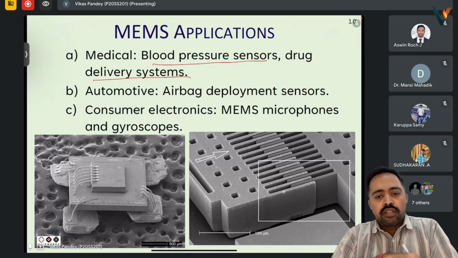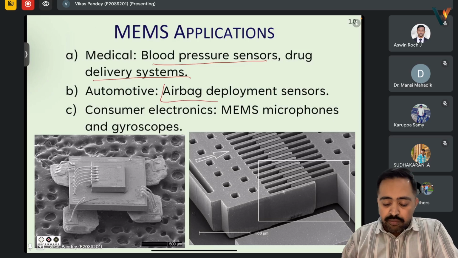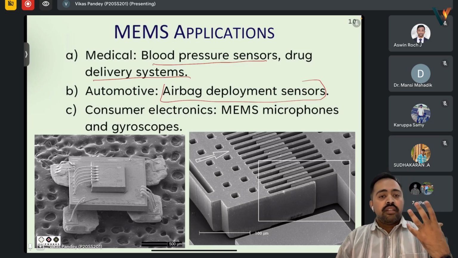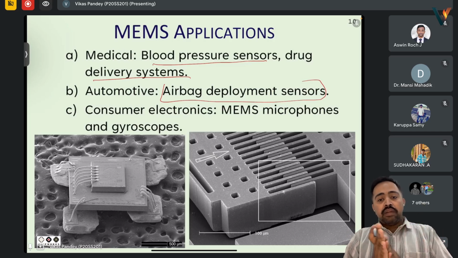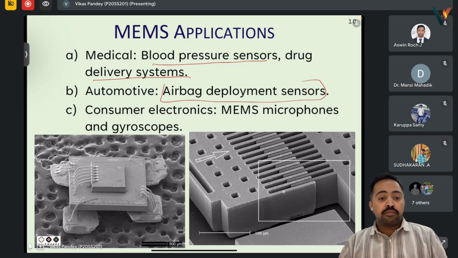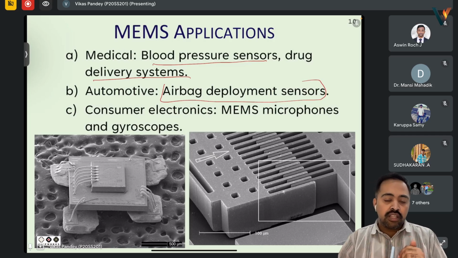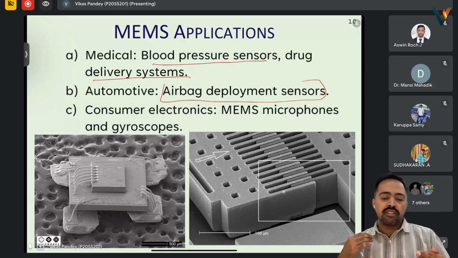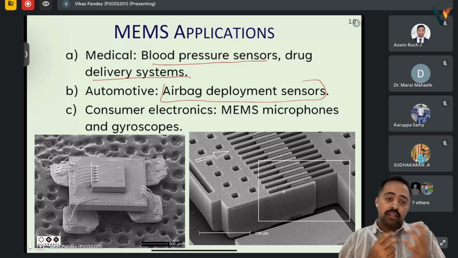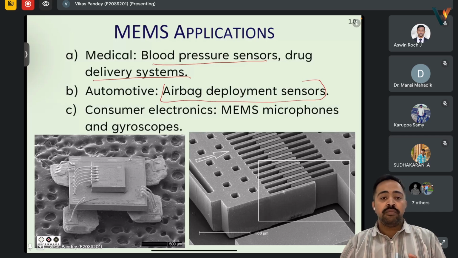In the automobile industry, there is the airbag deployment system. When an accident occurs, the mechanism that triggers the airbag is a MEMS based device that detects that a collision has occurred. That is ideally a very sensitive accelerometer. When the acceleration is too high, it triggers the airbag deployment. That is a MEMS application.